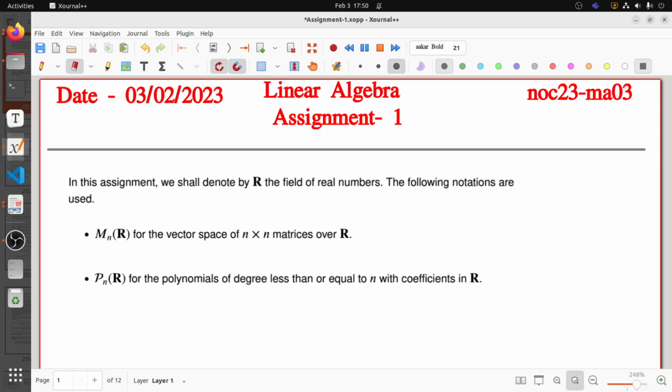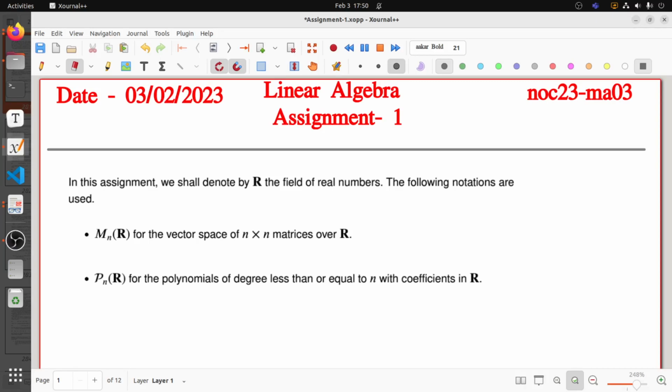If span of B does not contain span of A, then A is not contained in B. So let's take R2.